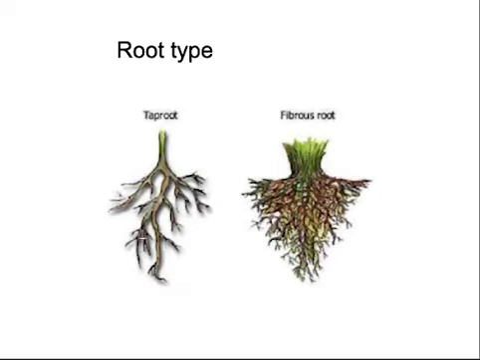In contrast, a fibrous root system is located closer to the soil surface. This is a fibrous root, and because it does not grow deep down into the soil, it has a lot of small lateral roots.